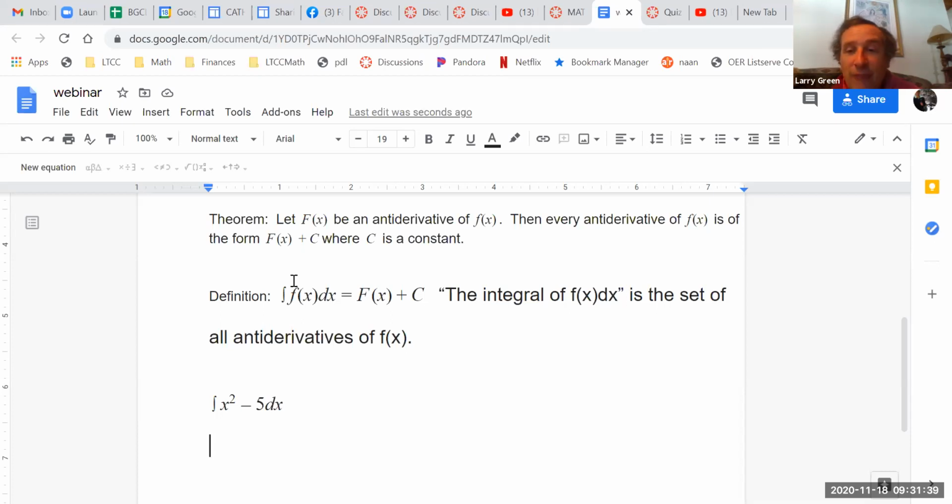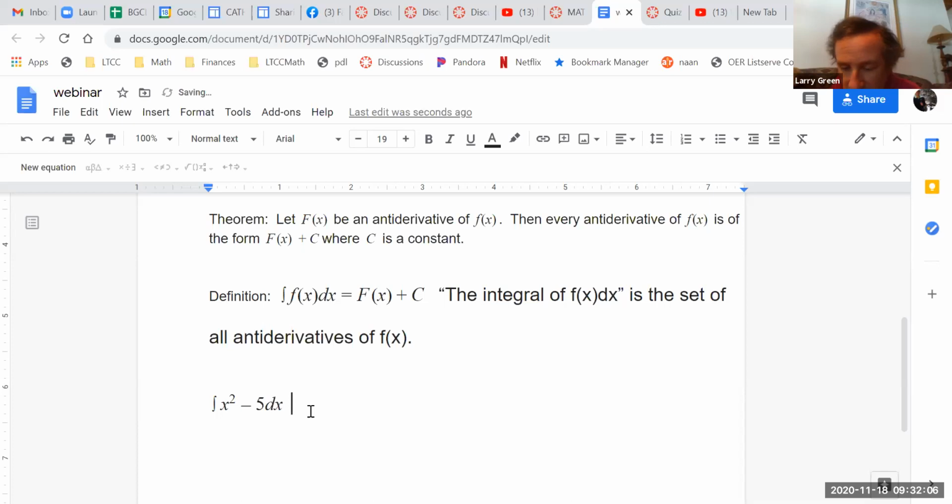Yeah, you need to add 1 to the power. So we can think about x cubed, but what's the derivative of x cubed? Three x squared. Okay, and I get an extra 3.